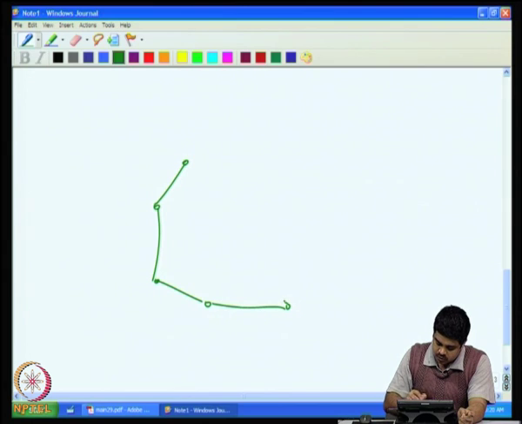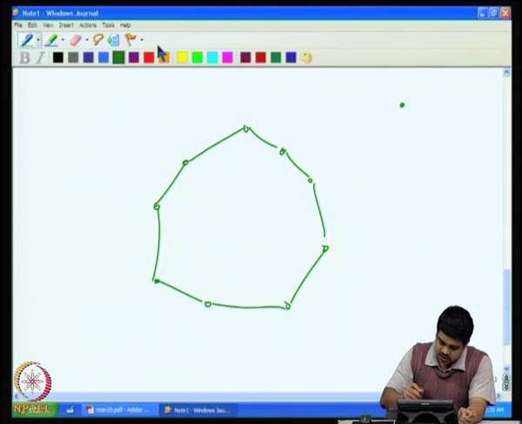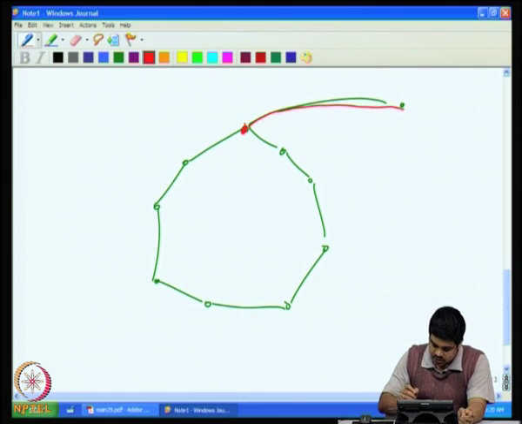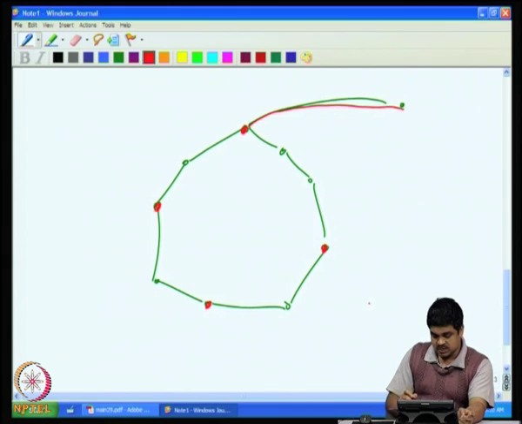So, the picture now is, we have this cycle and this outside vertex, and the fan paths are coming and ending at several points, where the fan paths end.